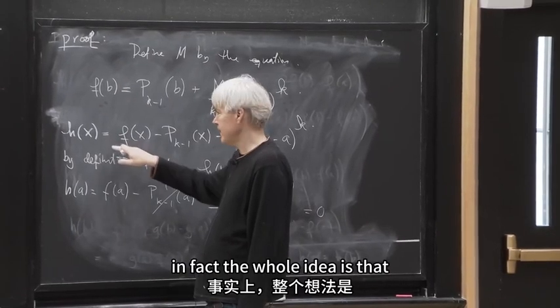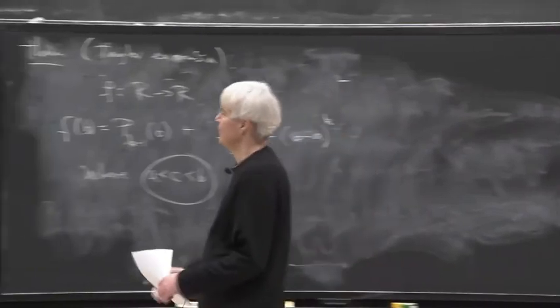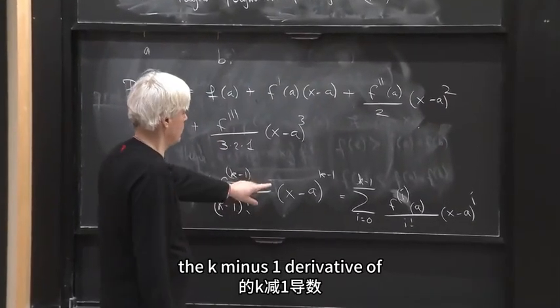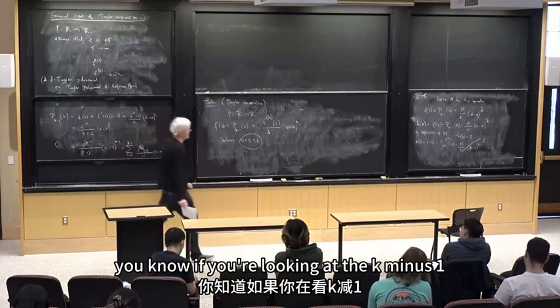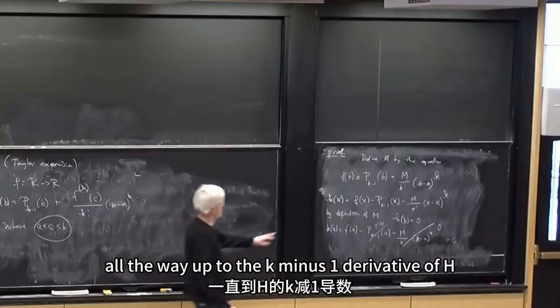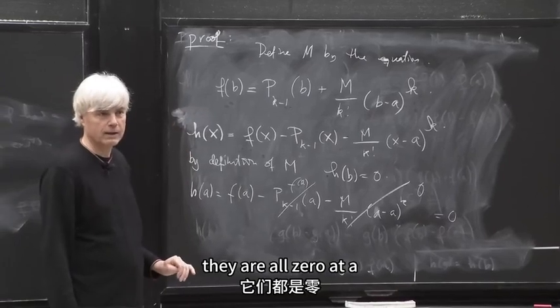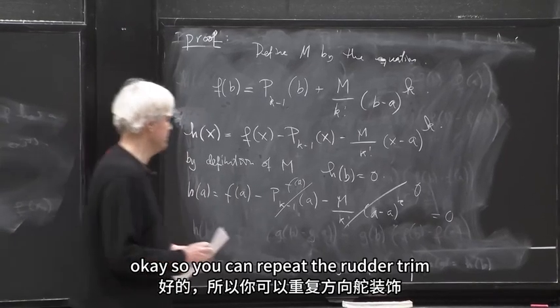In fact, the whole idea is that all the derivatives of h up to the k minus 1 derivative are all 0 at a. So you can repeat Rolle's theorem.